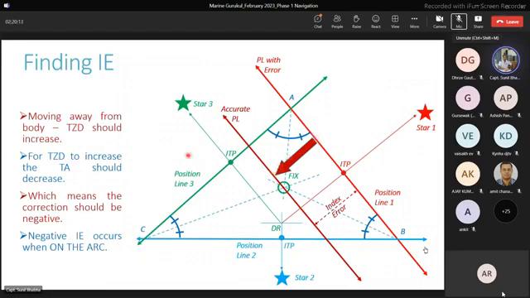Moving away from the body, the true zenith distance should increase, which it can do only when the true altitude reduces or decreases. The true altitude would decrease when you have a negative correction, and a negative correction occurs when the index error is on the arc.